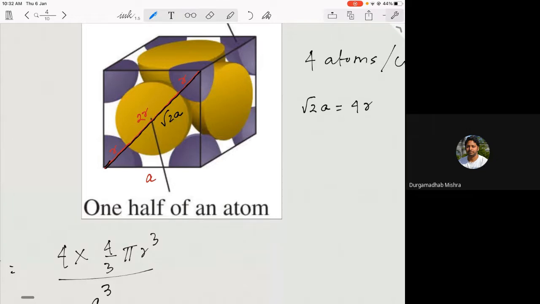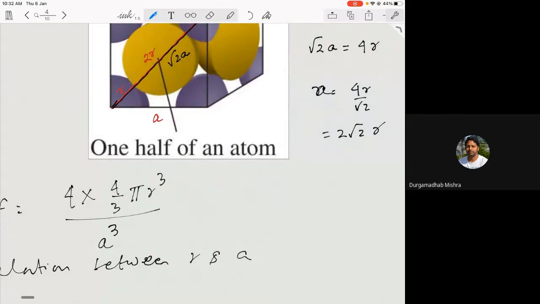Therefore A would be equal to 4R by root 2, which will be 2 root 2 R.